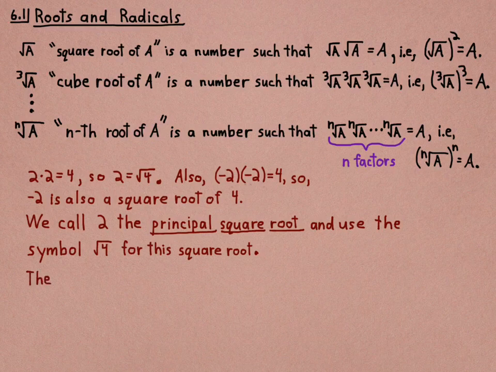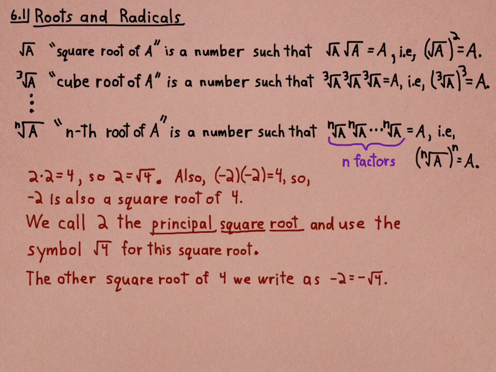The other square root of 4 we just write as negative square root of 4, the most obvious thing. So the 2 square roots of 4 are 2 and negative 2, and we would write them as square root of 4 and negative square root of 4.